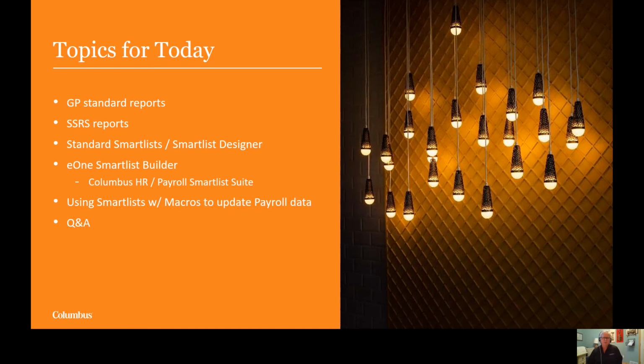And the suite of reports that we have built to go along with that for the HR and payroll objects. And then I'll go in a little bit to how you could use Smartlists with macros to update payroll data. And at the end, we'll have time for questions and answers. So go ahead and put your questions in anytime during the webinar, and then we'll take time at the end to answer those.